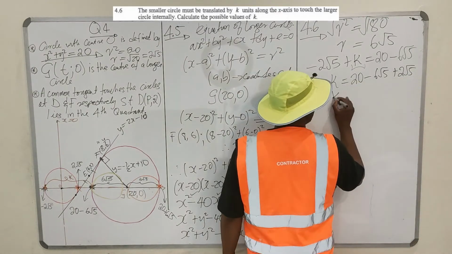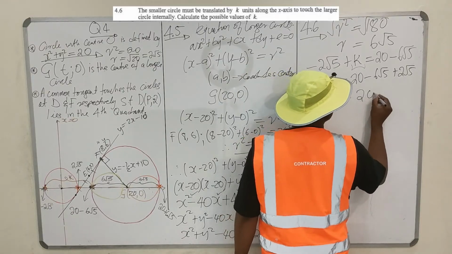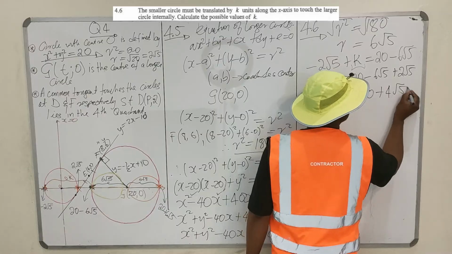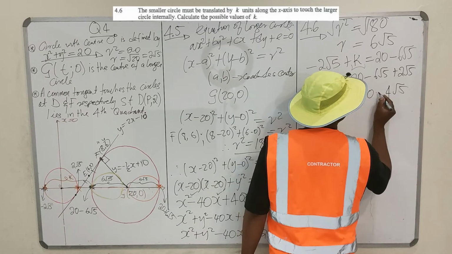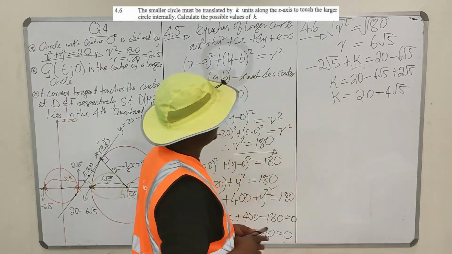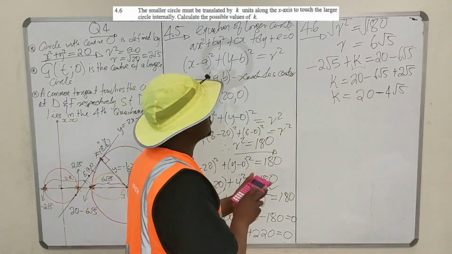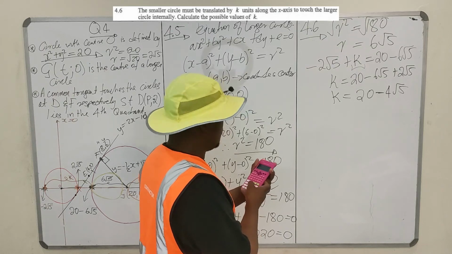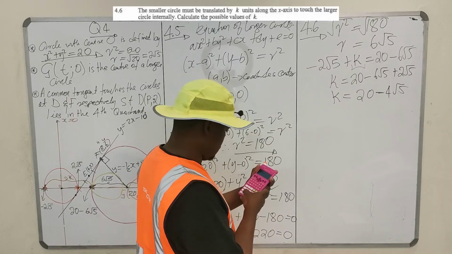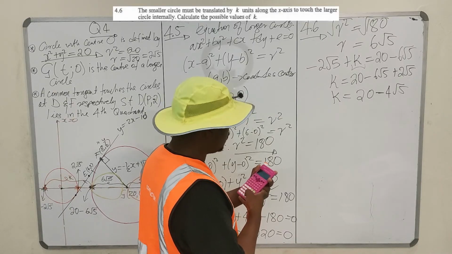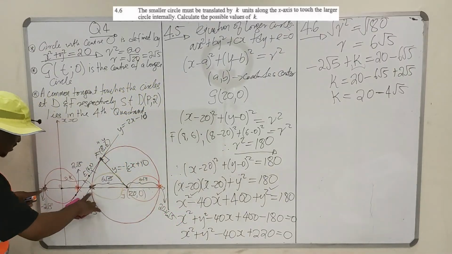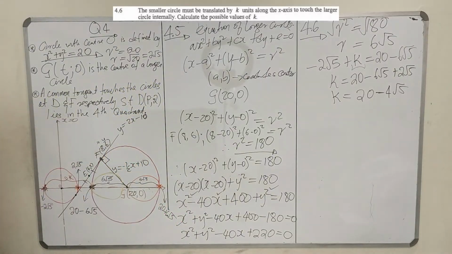So it looks like your k is something along the lines of 20 minus 4 root 5. But let me double check. So 20 minus 6 root 5 plus 2 root 5. So this is your possible value of k. If you want this to sit there, no problem.